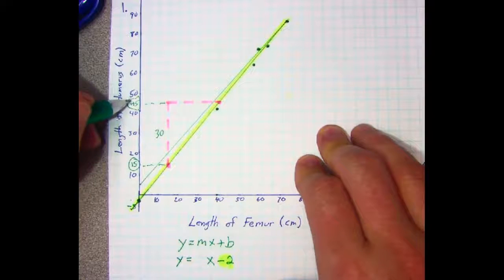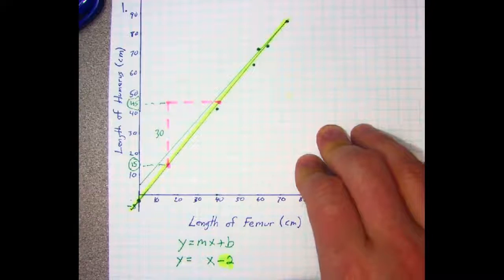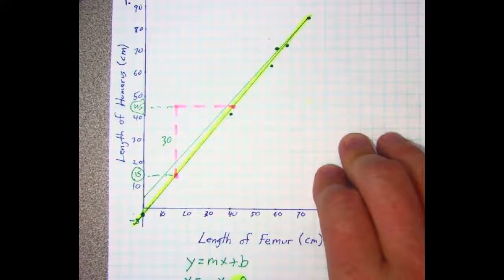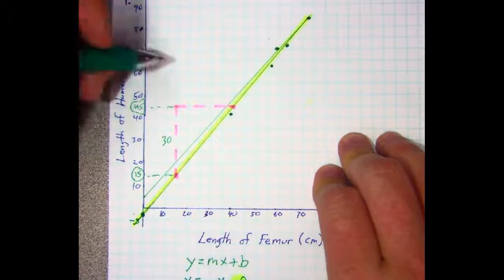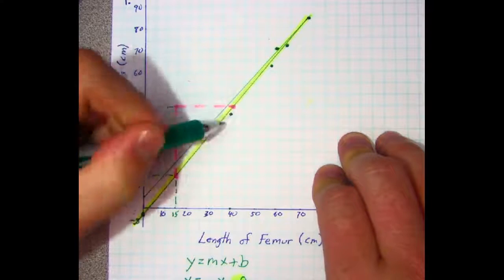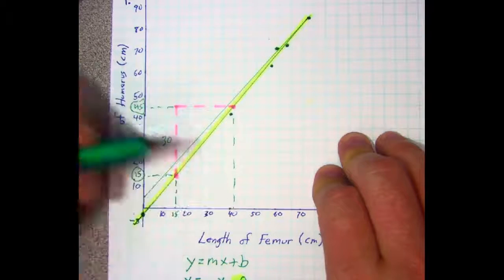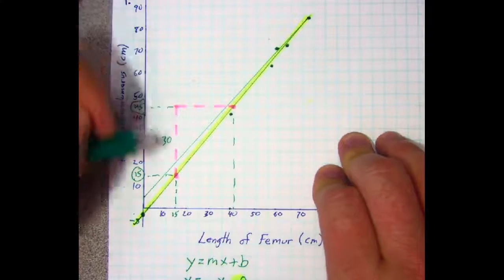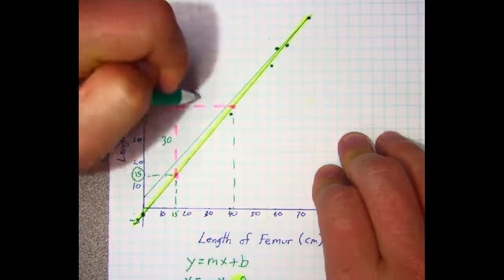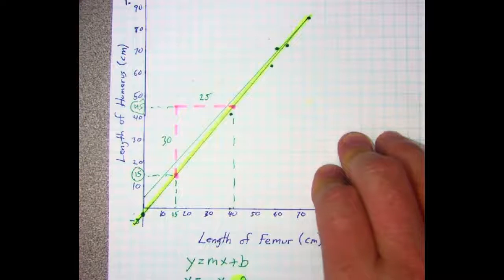Always the bigger minus the smaller, so you get a positive number. So there's my rise. And then my run, it's going to be 15 to 40. So from 15 to 40. 40 minus 15 is 25.